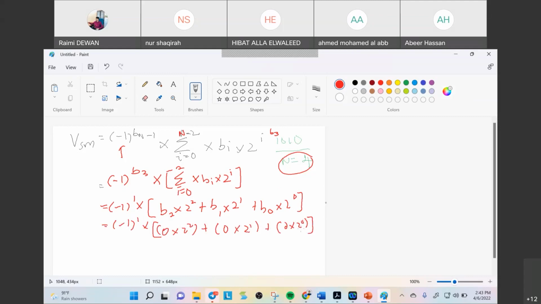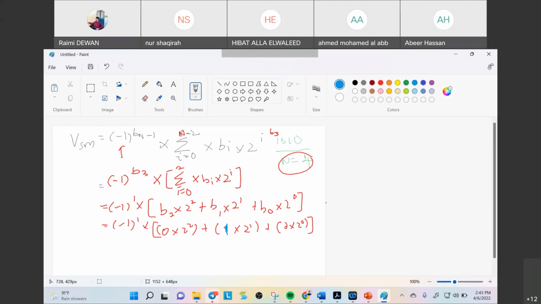Is there anything I did wrong? Wait, b1 is 1. Yes, b1 is 1. I'm sleepy, even simple things I get wrong.